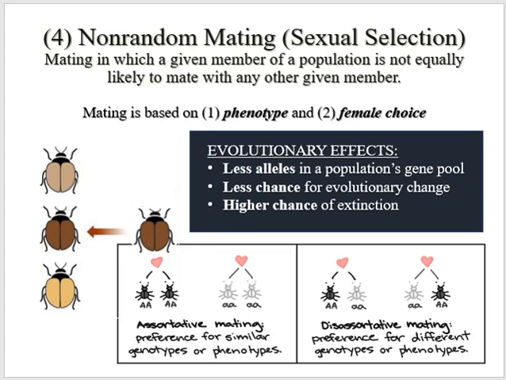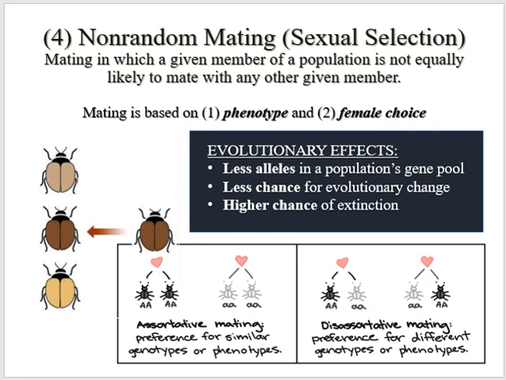Assortative mating, again, this one's more common. This is when individuals mate with others who are like themselves phenotypically for a selected trait, right? So they mate with those that are similar to them. So again, your mates are being sexually selected based on phenotypes.